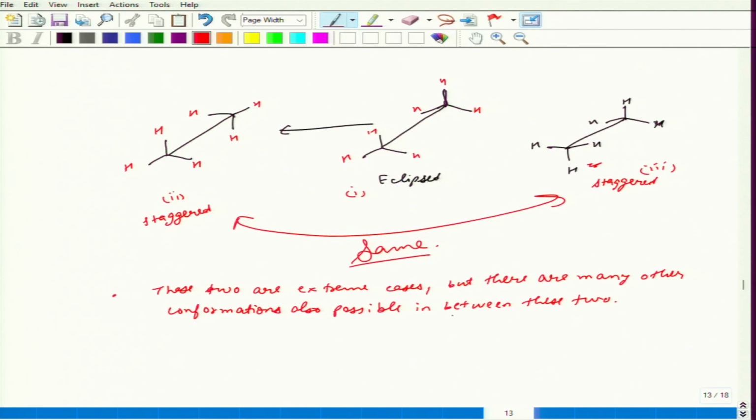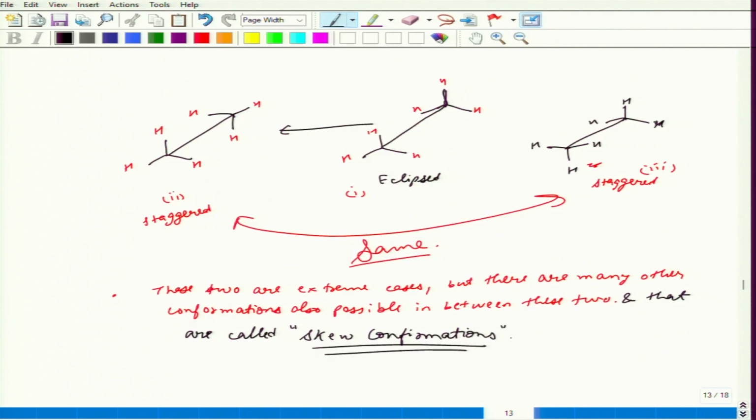And any intermediate conformations in between staggered and eclipsed are known as skew conformations. Skew conformations. So, this we have discussed in this class about the Sawhorse projection.